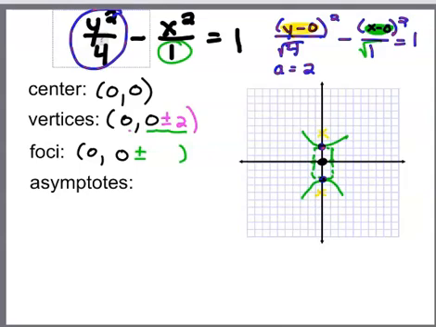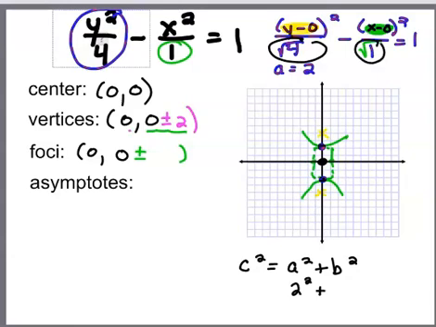But what do we have to add and subtract? Well, this is where c squared equals a squared plus b squared comes in. Remember, this is our a squared, so a squared is 2 squared. Our b was 1. And so c squared is 5, and c is the square root of 5.